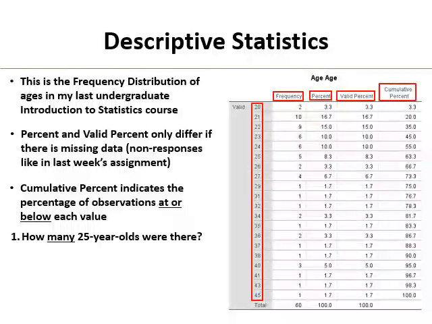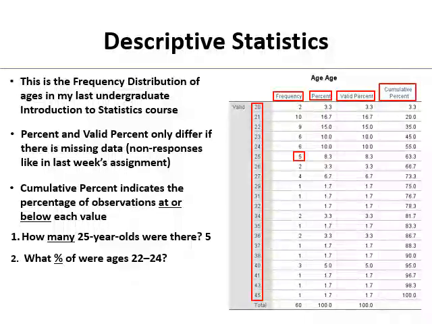And so let's try this out with a couple questions. So how many 25-year-olds were there in my class? So go to the line that's 25 and how many is asking for your frequency. So for 25, there were 5 of them, right? 5 of them. Boom.